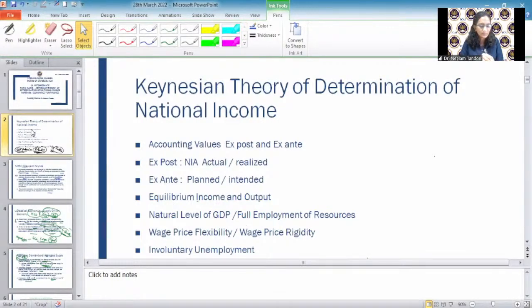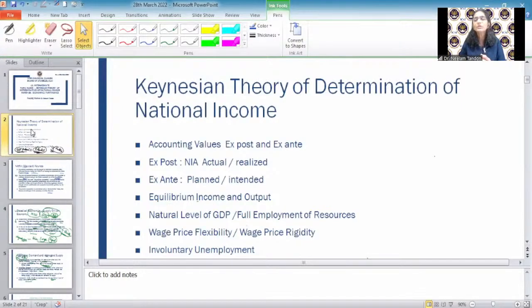Then दूसरा concept ये है actual and realized in terms of दो set of stakeholders हैं. One है corporate, other है consumers. Now consumers, they decide about कितना they want to buy, they want to spend.